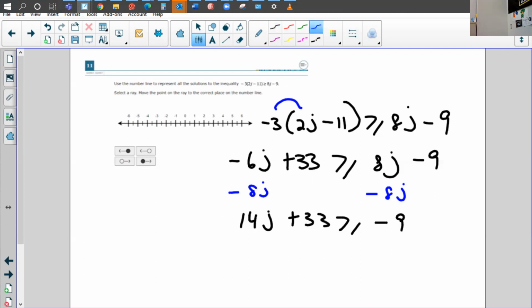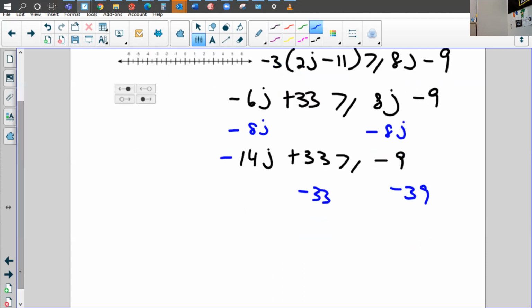That gives me minus 14j plus 33 is greater than or equal to minus 9. Careful, I'm going to minus 33 on both sides. So that becomes 0, and that gives me minus 14j is greater than or equal to... did I make a mistake somewhere?